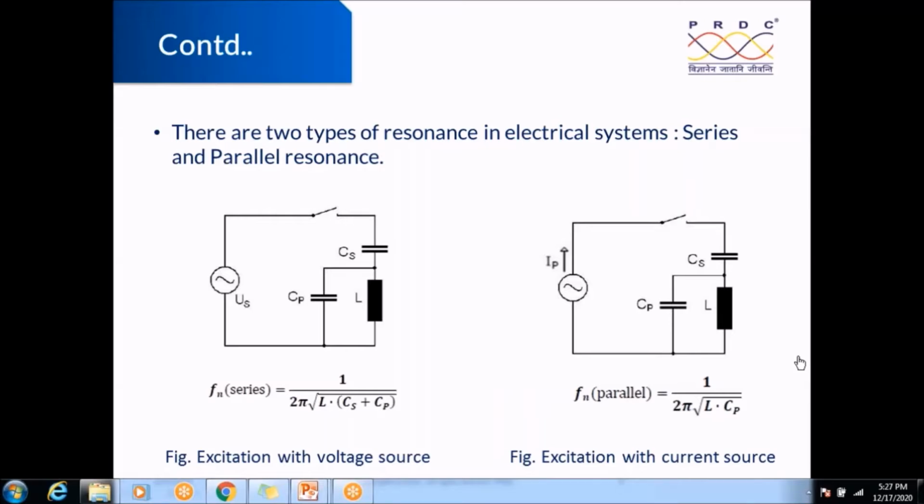But CS could be the interphase circuit capacitance, meaning between phase to phase there will also be capacitance, so that you have some source from the other phase fed through this capacitance to this network.